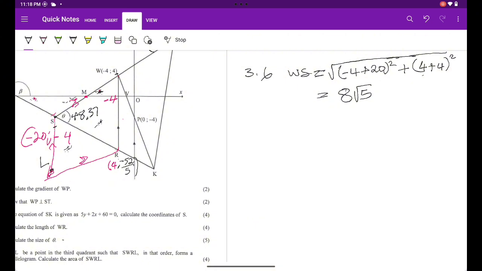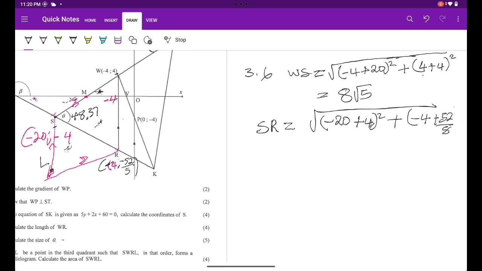Now we do the same with SR. We want the length of SR. Now this will also be the square root of x value at S is negative 20 minus 4, so it's going to be plus 4 squared, and then the y values, it's a negative 4 and then plus, because it's minus 52 over 5, so it's going to be plus 52 over 5 all squared.